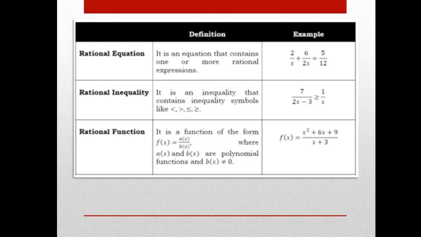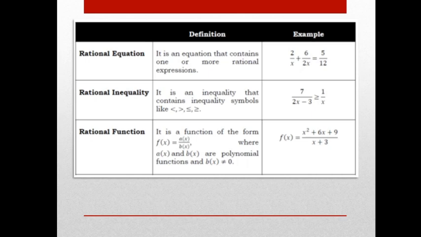Mga functions na naka-fraction form in the form of A over B, where B is not equal to 0. Kasi alam naman natin na ang denominator hindi po pwedeng maging 0, no? Kahit i-calculator niyo yan, mag-e-error yung calculator niyo because 0 should not be your denominator.